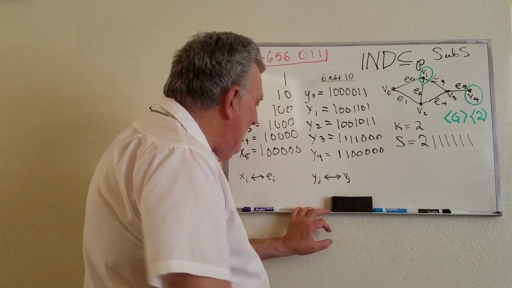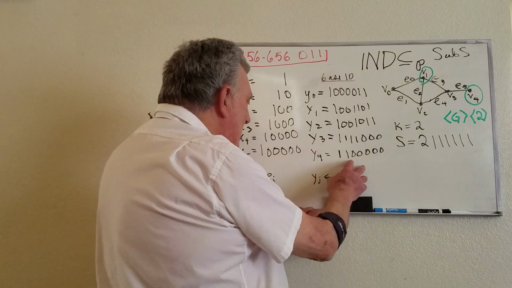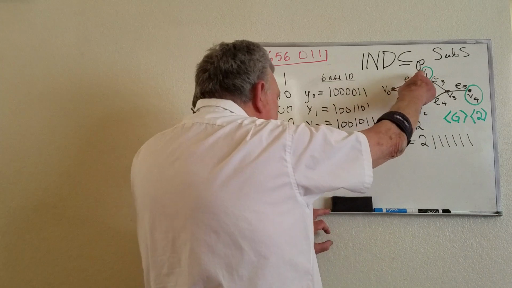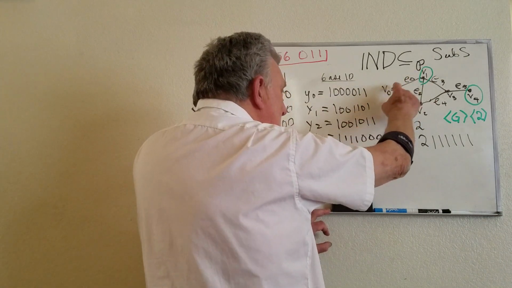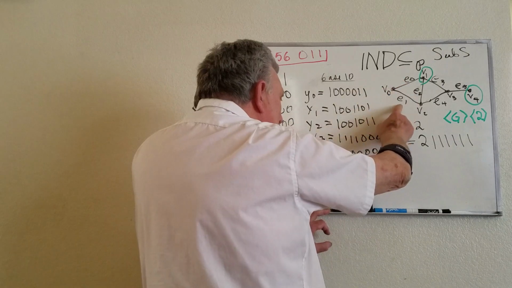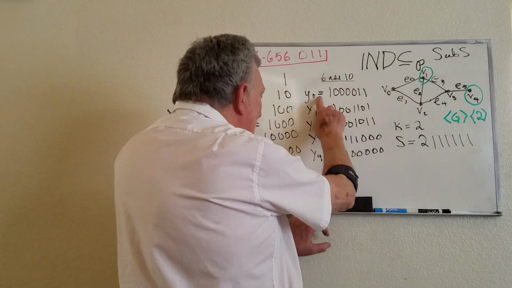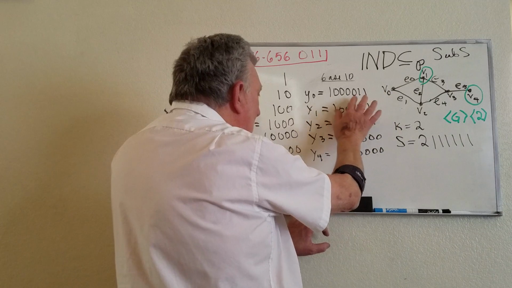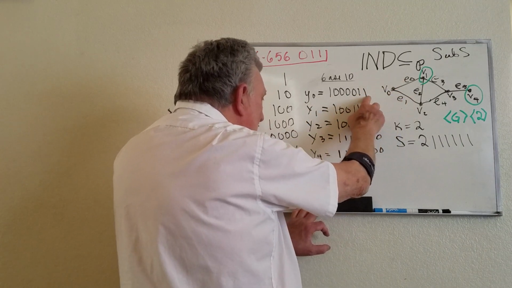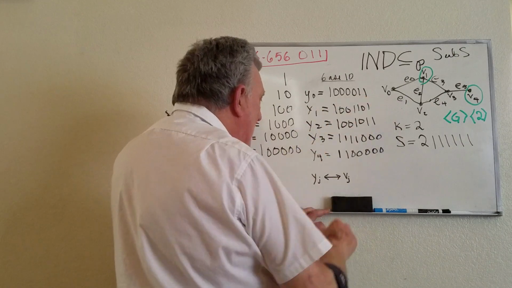For the other places, it's either a 1 or a 0, and that depends on which edges touch V0. So V0 touches E0 and E1, and so Y0, which corresponds to V0, has 1s in positions 0 and 1, the 1's place and the 10's place.